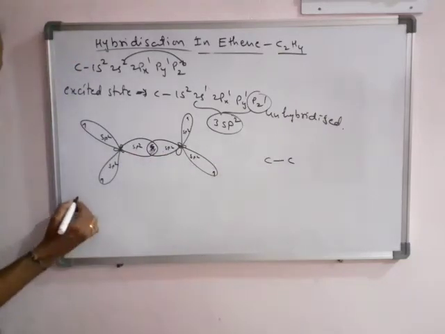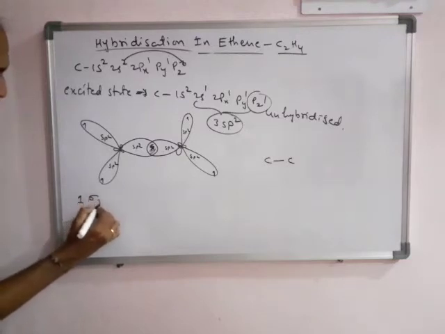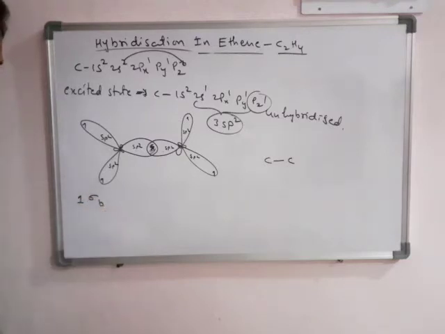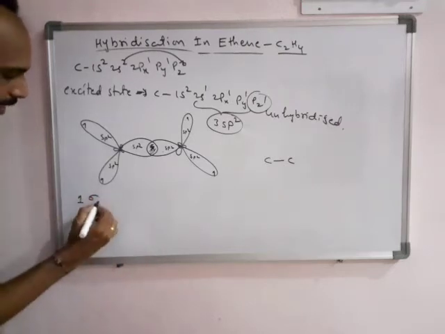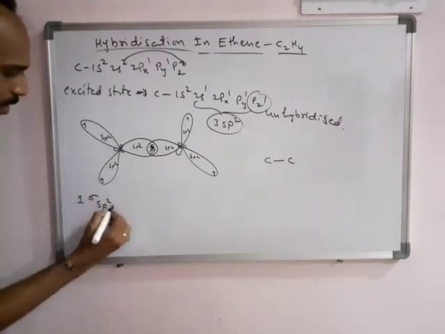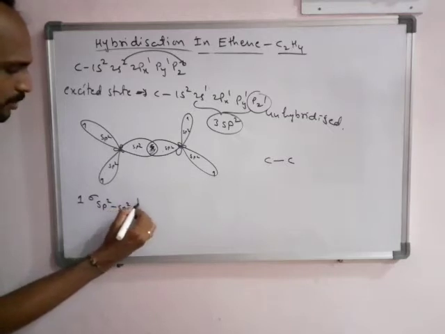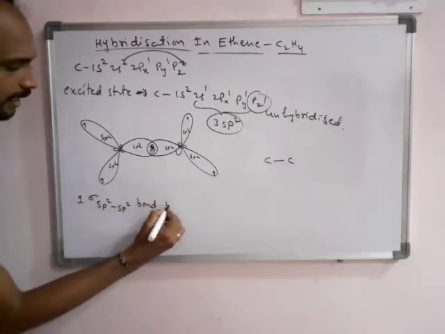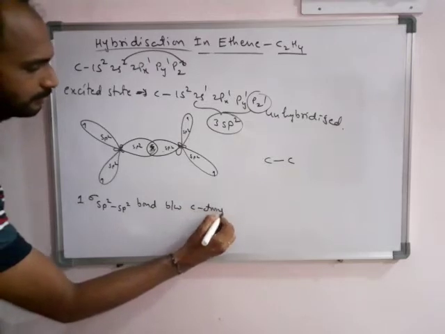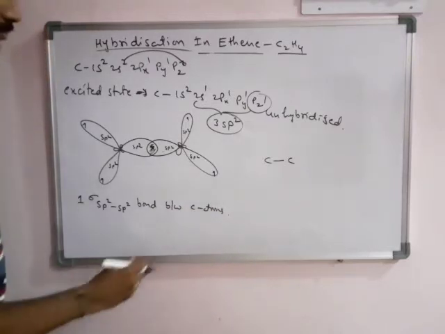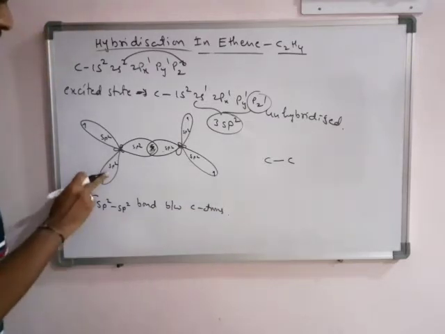Means there is a formation of one sigma bond between sp2 and sp2. So the nature of that bond can be written as one sigma sp2-sp2 bond. It takes place between carbon atoms.